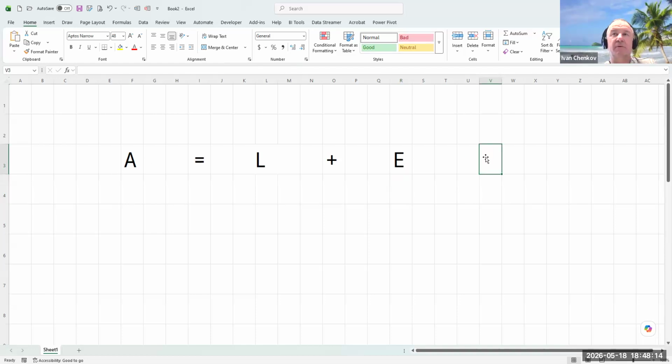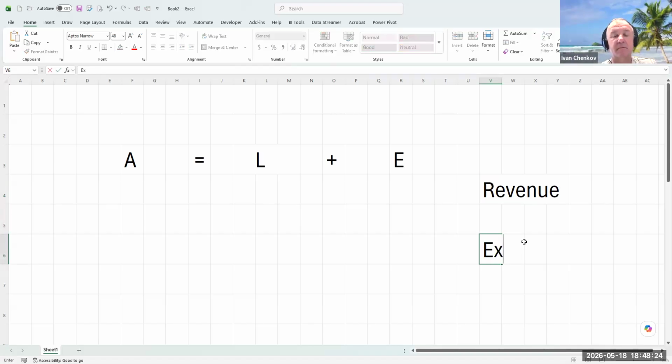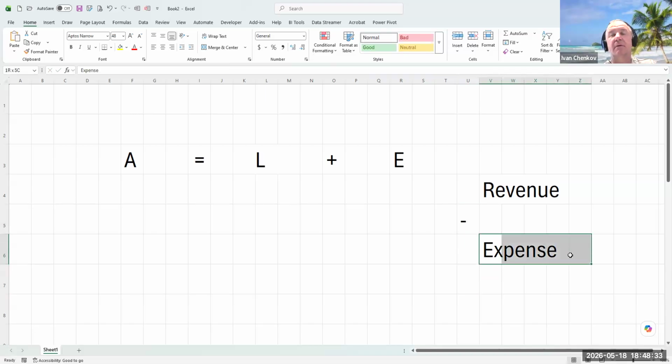The other thing that we want to know from the operation of the company is whether the company generates revenue and how much the company's expenses are. And obviously, revenue minus expenses is going to give us net income, which is going to go directly to the owner's equity capital account.